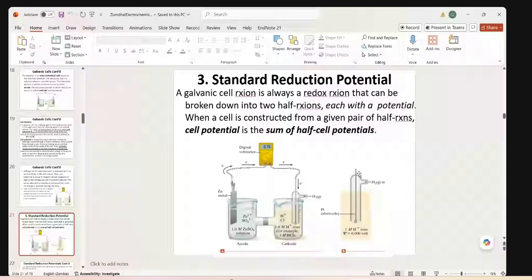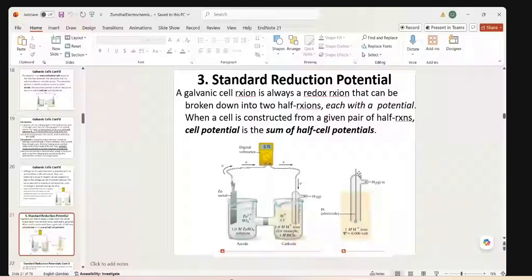All right. Okay. So if you want to determine the amount of electricity that you get from the galvanic cell, you use a voltmeter or a potentiometer. I said a potentiometer will give you a more accurate cell potential than the voltmeter, because in the voltmeter you lose part of the energy as heat.